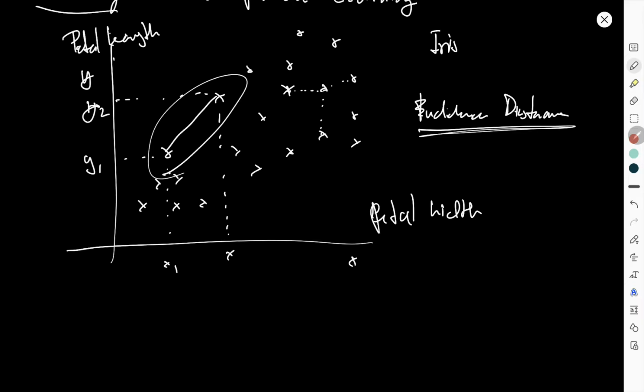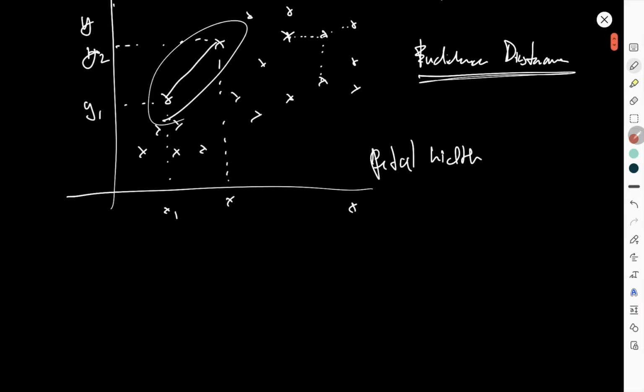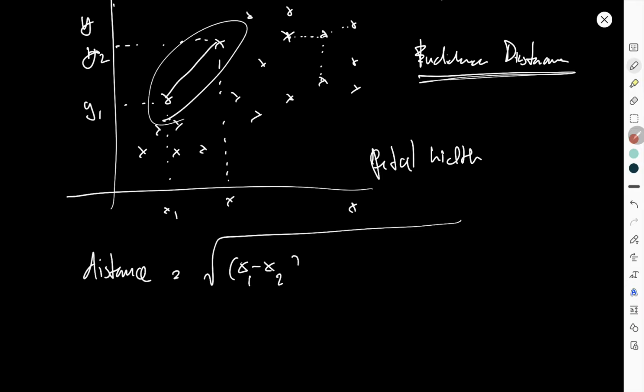This is the coordinate, the location of each example. So the Euclidean distance is the square root of (x1 minus x2) squared plus (y1 minus y2) squared.